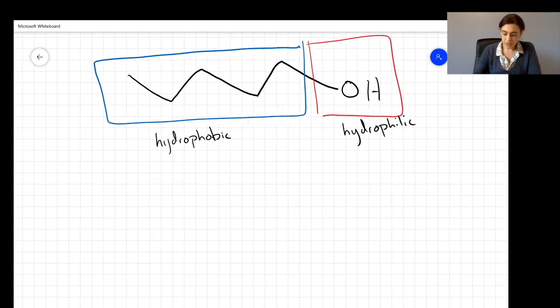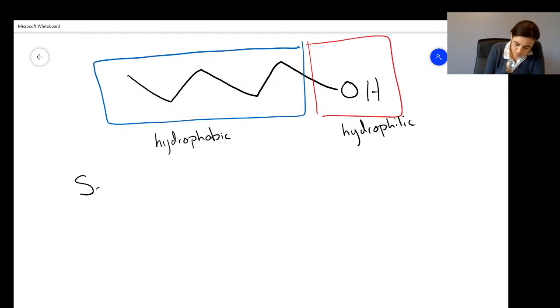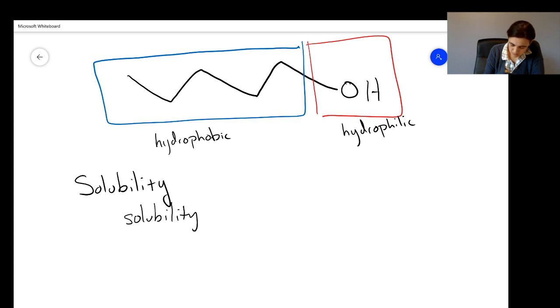So if we're considering the solubility, we're going to see that this solubility will decrease as carbon chain length increases.